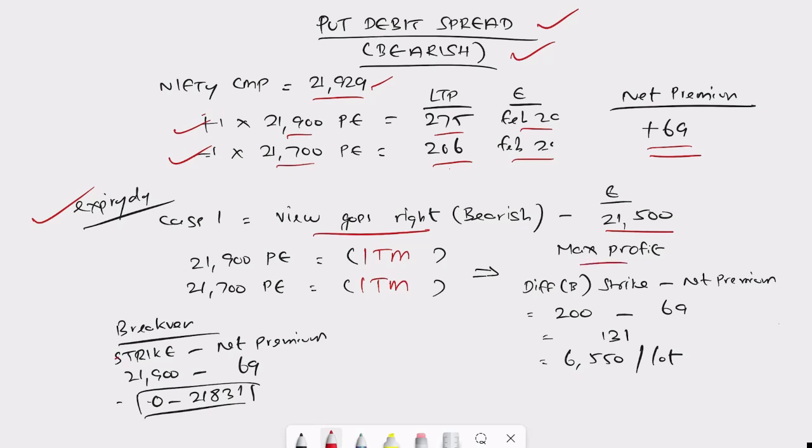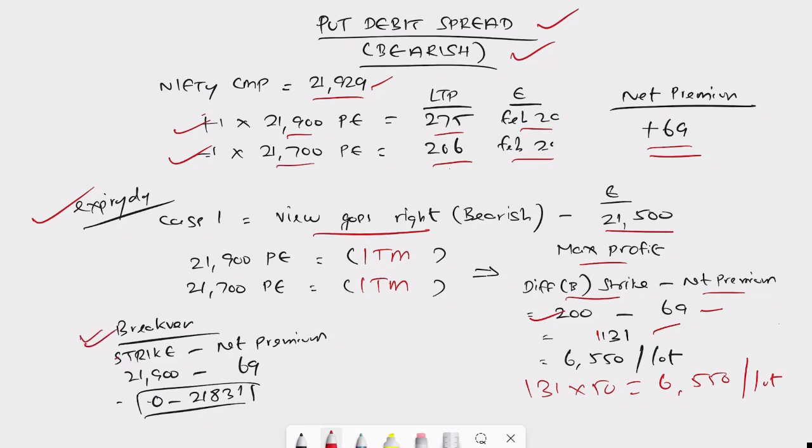See, the formula to calculate the maximum profit is the difference between the strikes minus the net premium. So here the difference is 200 points and the net premium paid is 69. So the difference is 131. So 131 into 50, which gives us 6,550 per lot, is our maximum profit.